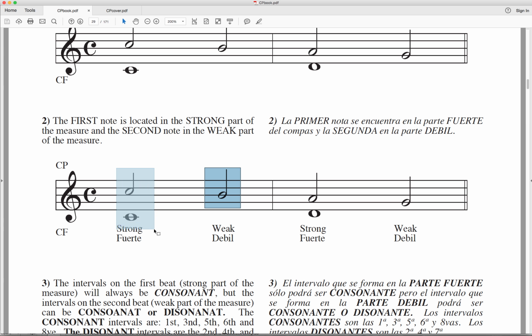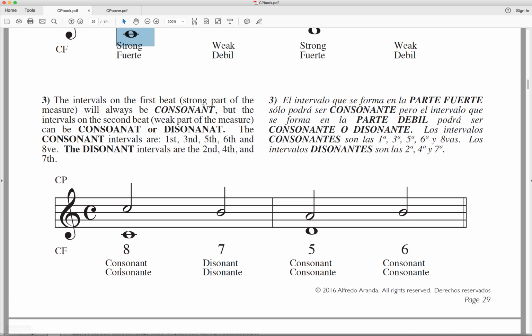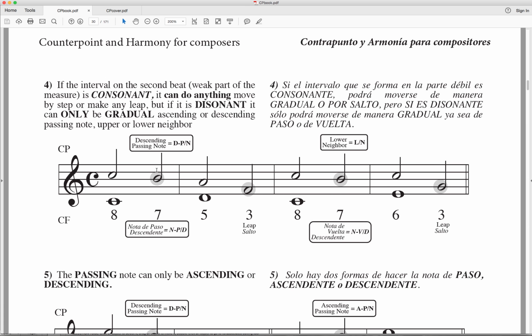And this is a very important interval. This one needs to be consonant or conditional interval resolved in the proper way. Okay, the strong interval should always be consonant or conditional. The second one may be dissonant or consonant, but if it's dissonant, it may only appear in two ways.